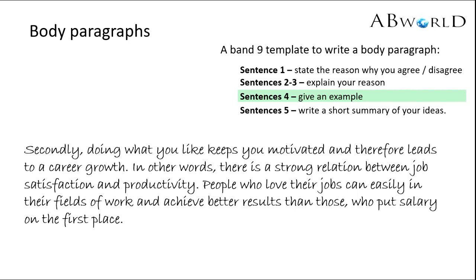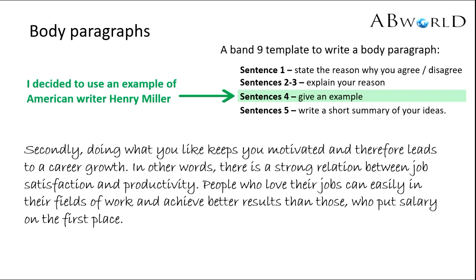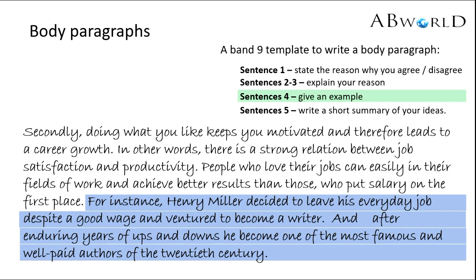Then we write sentence 4 to support the idea with an example. I decided to use an example of American writer Henry Miller. For instance, Henry Miller decided to leave his everyday job despite a good wage and venture to become a writer.